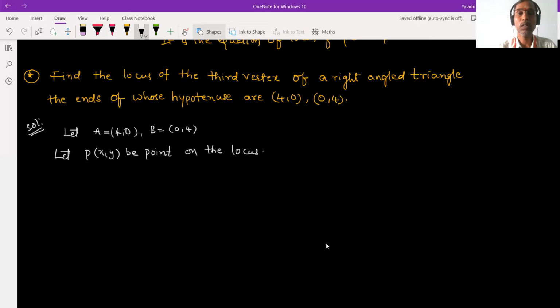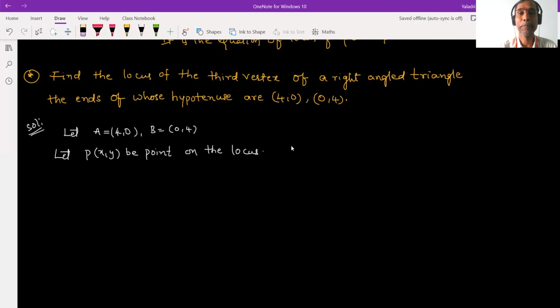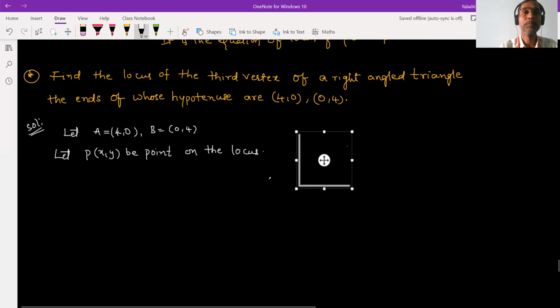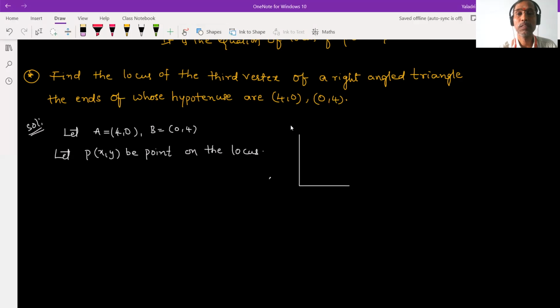Now I should draw the triangle. So this is our required right angle triangle.